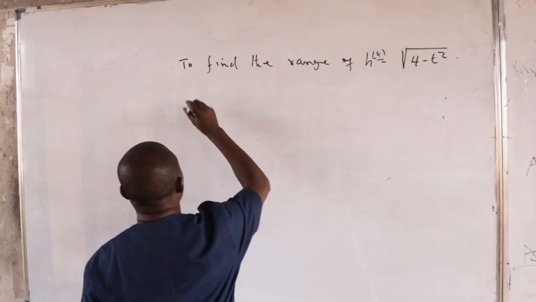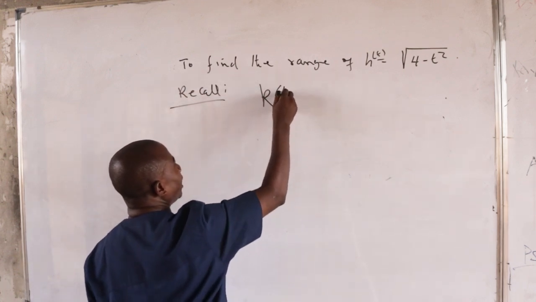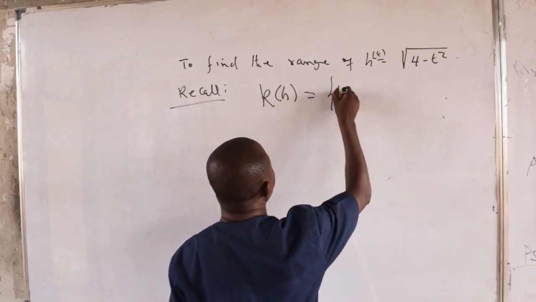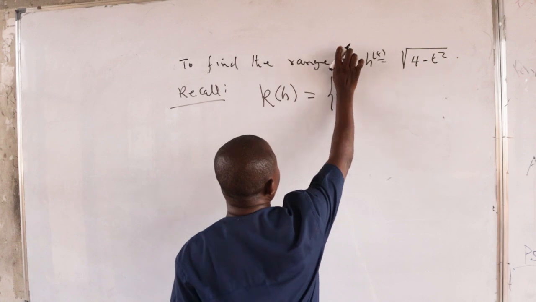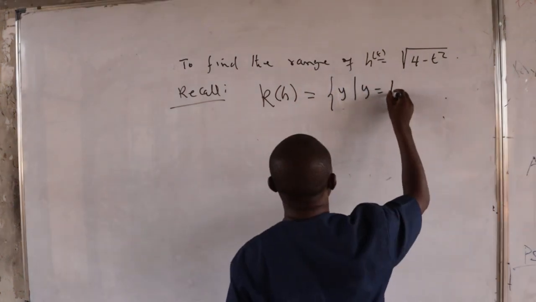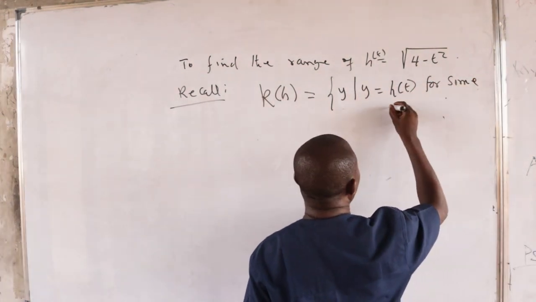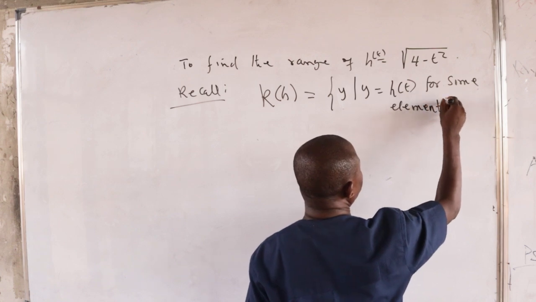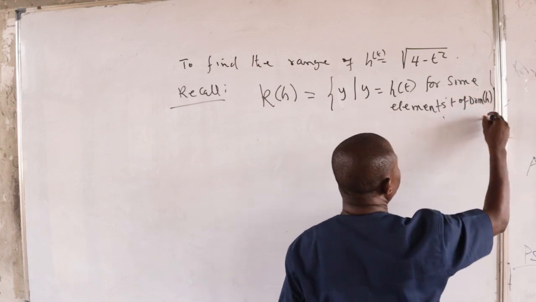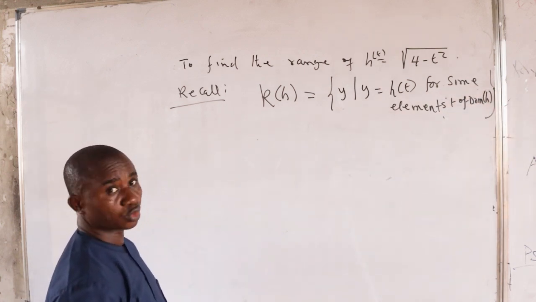Recall that the range of the function h, by definition, is the collection of all those elements y such that we can write y as h of t for some elements t of the domain of h. This is the definition we gave for the range of a function.